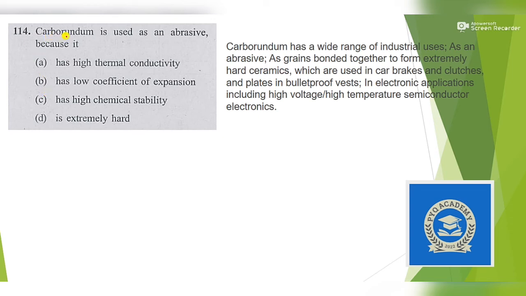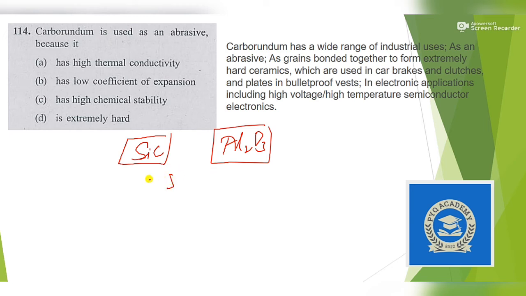Next question. Carborundum is used as an abrasive because. Carborundum is nothing but SiC, silicon carbide, or another carborundum is Al2O3. Basically, it is a very hard material which is used as gemstones.